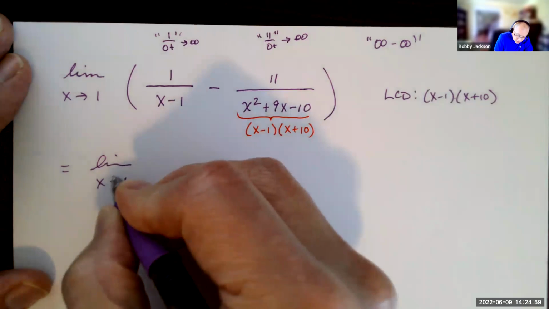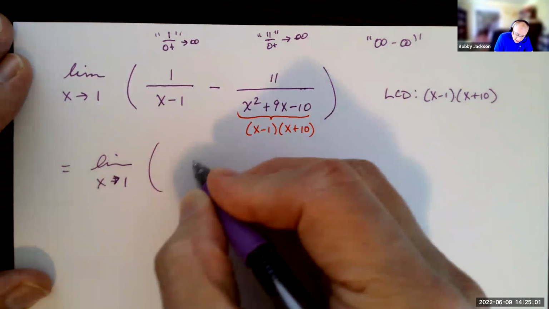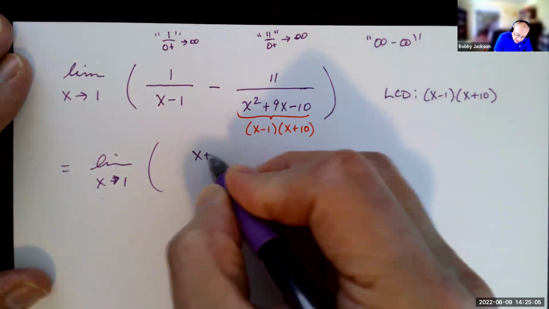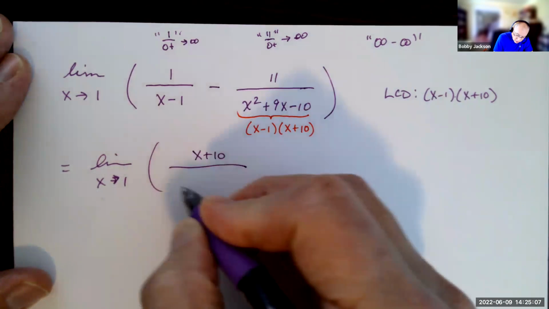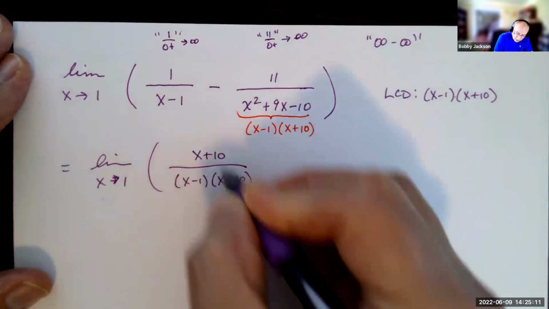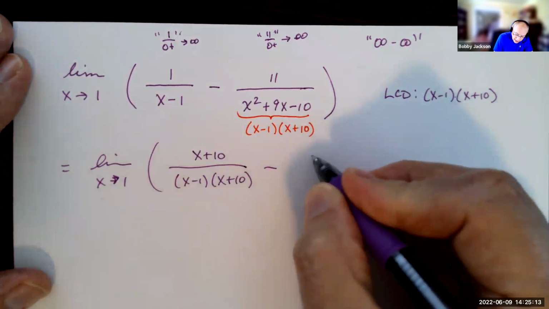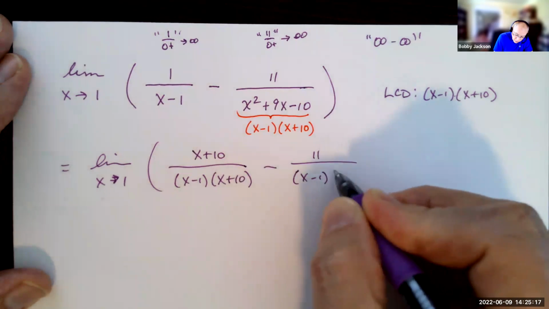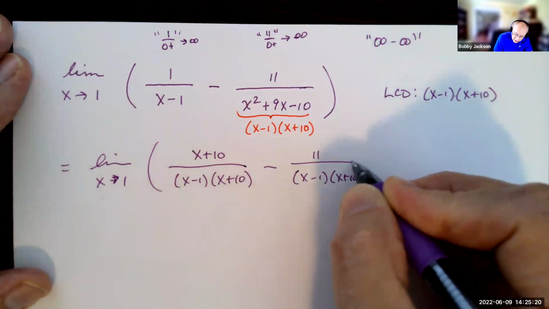Here's what the support looks like. Notice I write the limit there, and I'm going to multiply top and bottom by x plus 10. So I get x plus 10 all over x minus 1 times x plus 10. I multiplied by 1 here. Now I'll write this in factored form. The denominator hasn't changed at all.